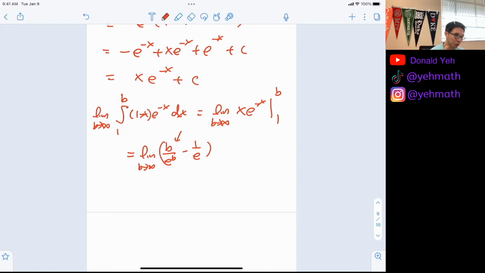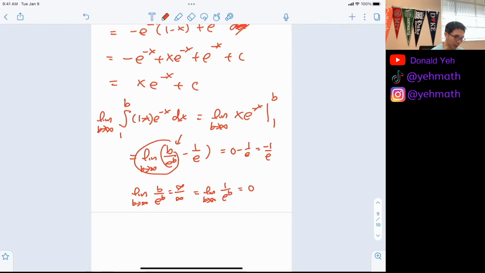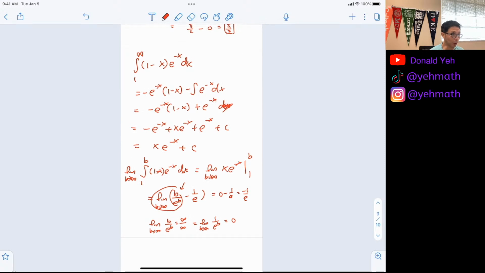We're going to take a derivative, so we're going to do this on the side. The limit as b approaches infinity of b over e to the b is infinity over infinity. So if you take a derivative top and bottom, it will be the limit as b approaches infinity of 1 over e to the b, which is 0. So it'll end up 0 minus 1 over e, so you get negative 1 over e. So that is the thing.